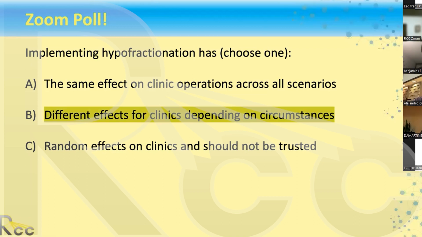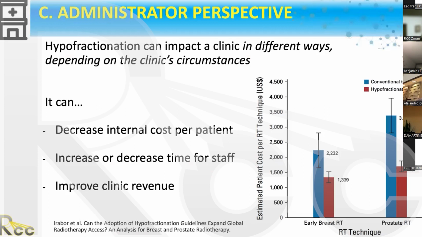The right answer is B. And I'm going to show you why there are certain important factors that must be considered that affect hypofractionation at the clinic. Hypofractionation can affect the clinic depending on the circumstances of the clinic.